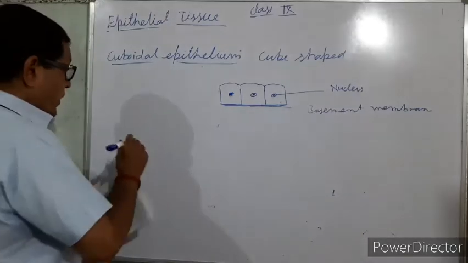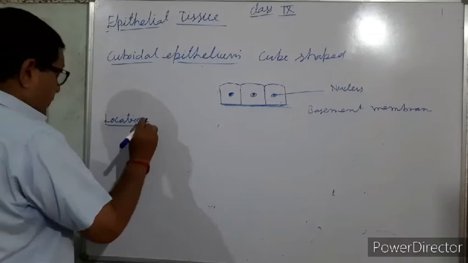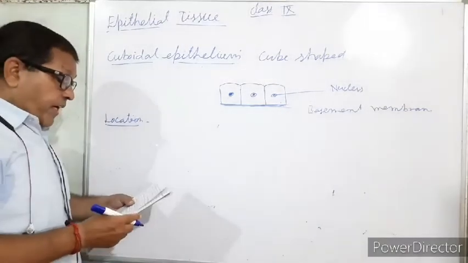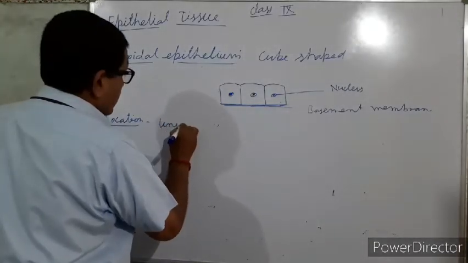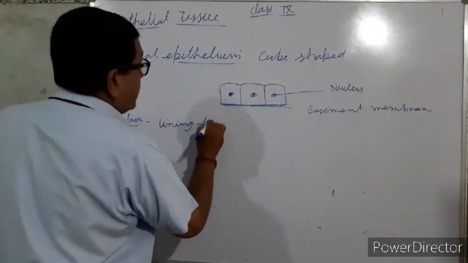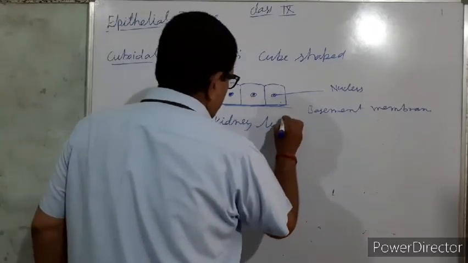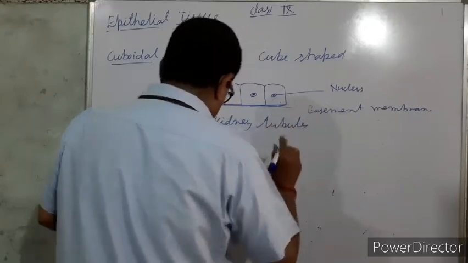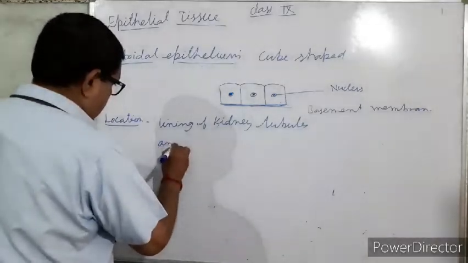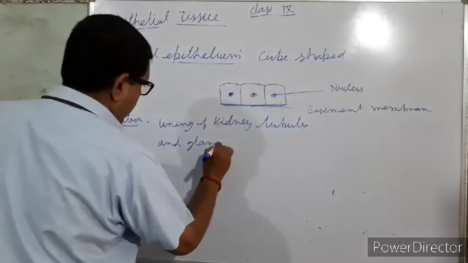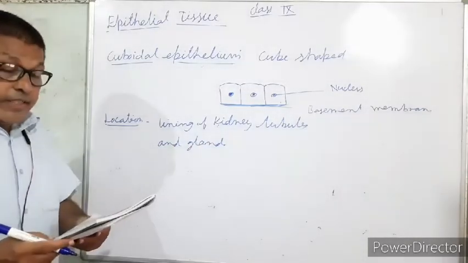So location, where they are found: they form the lining of kidney tubules and glands.